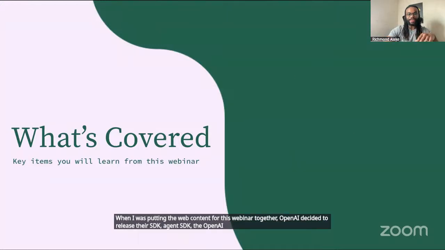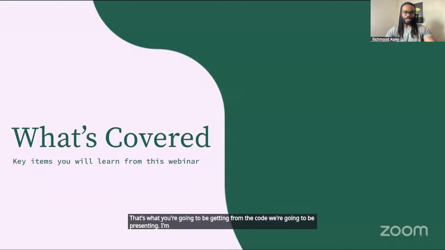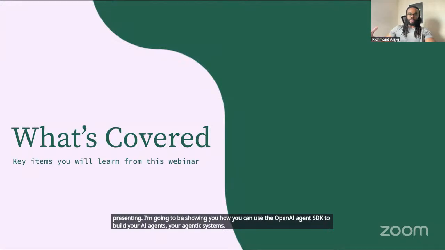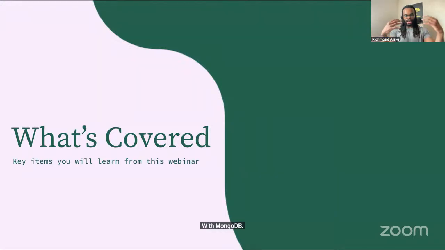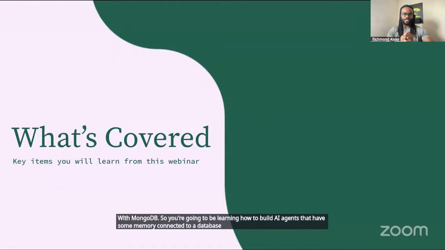So today, that's what you're going to be getting from the code we're going to be presenting. I'm going to be showing you how you can use the OpenAI Agent SDK to build your AI agents, your agentic systems, with MongoDB. So you're going to be learning how to build AI agents that have some memory connected to a database and can store the conversation history. So you guys are in for a treat.